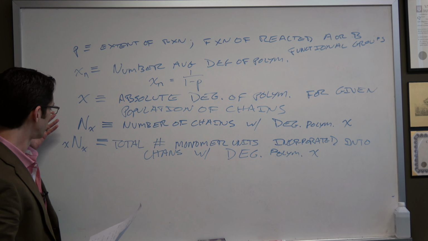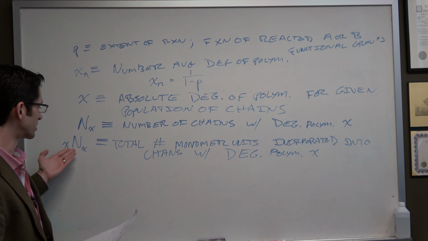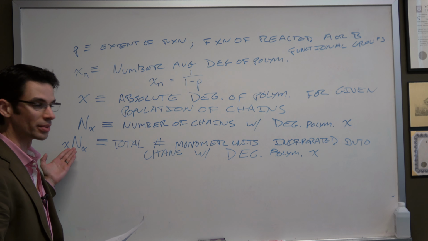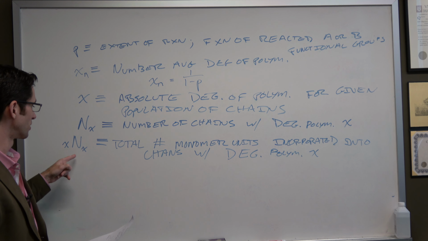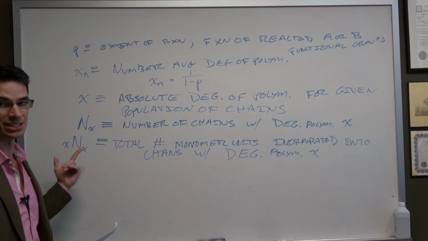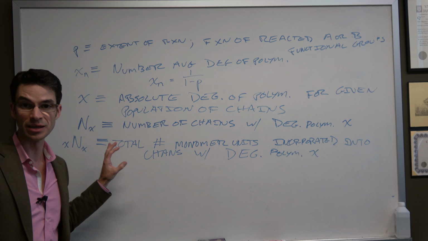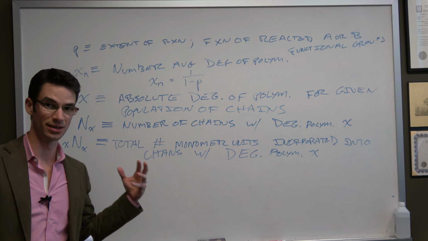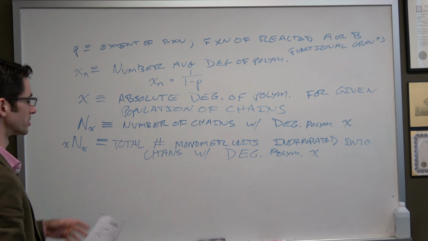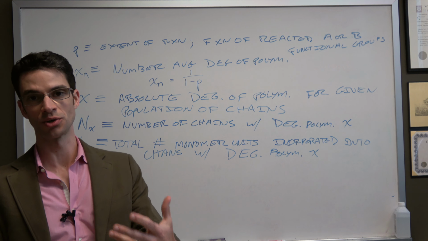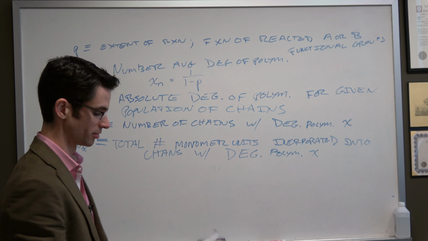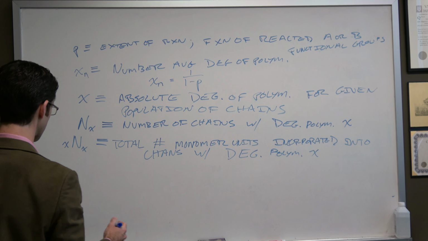So if we have 10 different chains with 10 units each, then x times n sub x is 100. So 100 total monomer units incorporated into chains with degree of polymerization x.